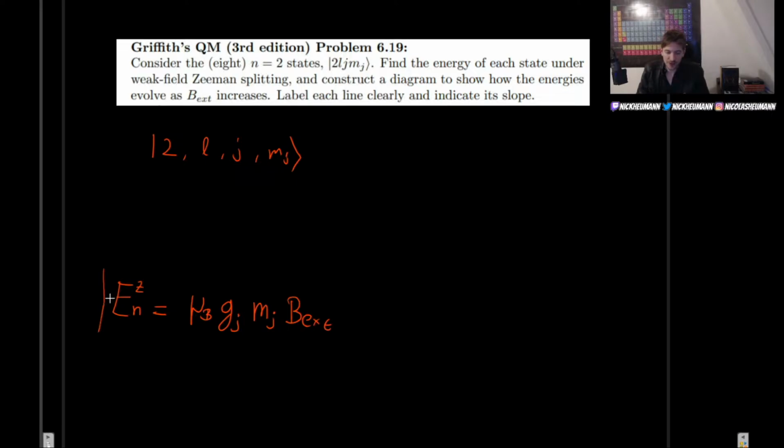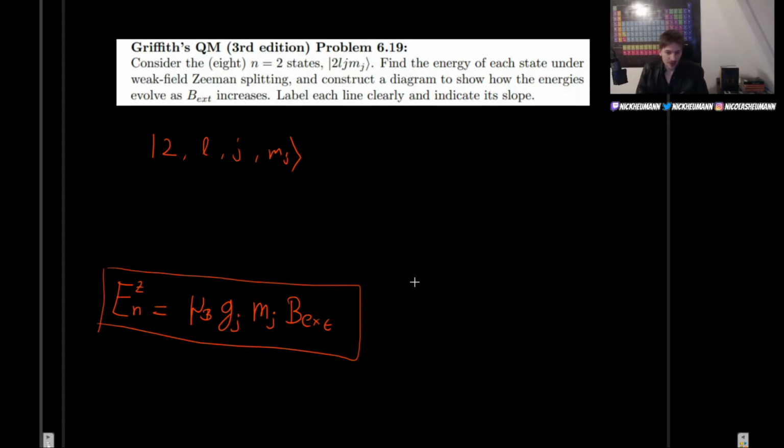So this is the formula that we found in the previous video. If you don't know where this came from, then you will have to go back. And it's super important: this formula is exclusively for weak field Zeeman splitting. We haven't gotten to the rest yet, but the formulas will be different. So please keep that in mind.